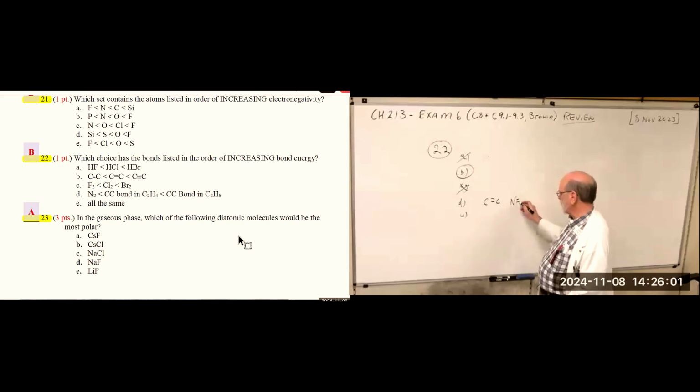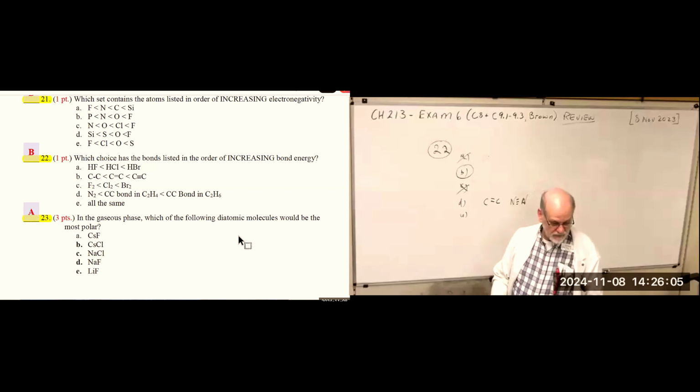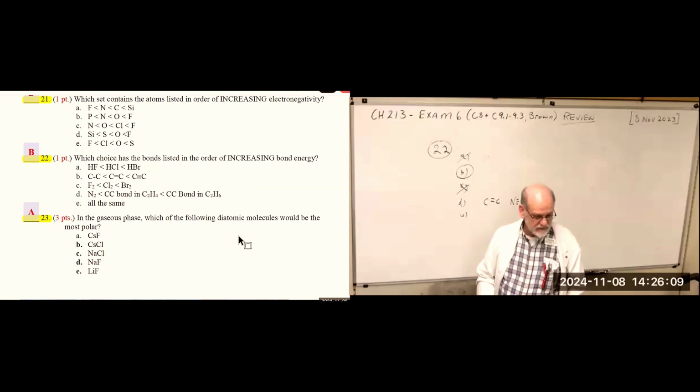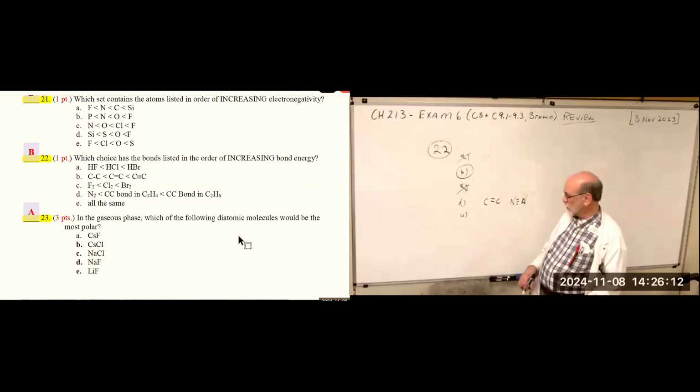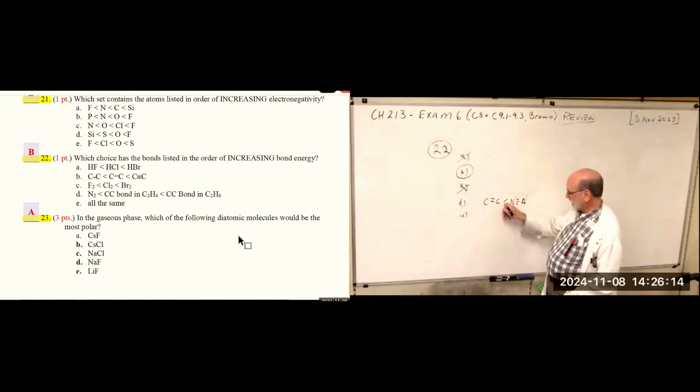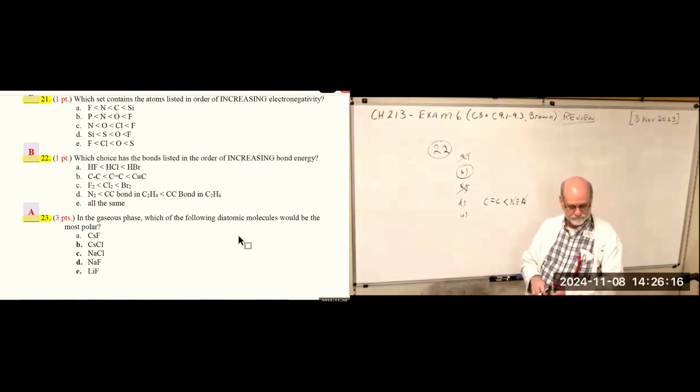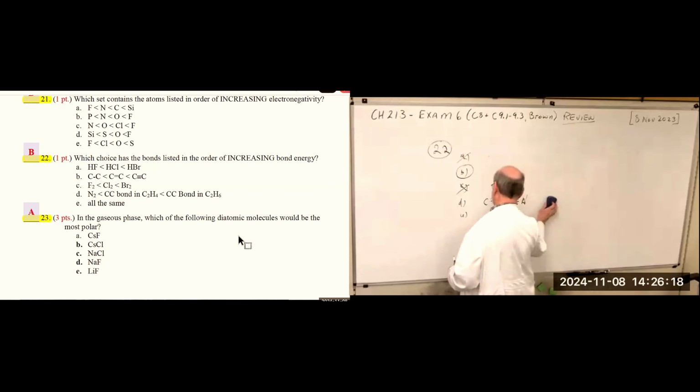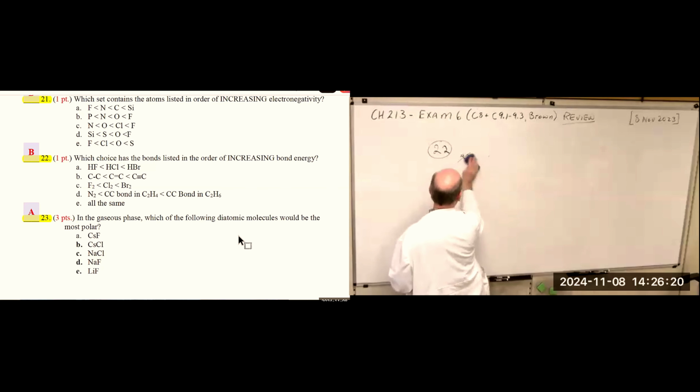And nitrogen is a triple bond. Oops. Right. So that disqualifies D right there. The other way around. This one should be stronger than that one. And we found our answer.